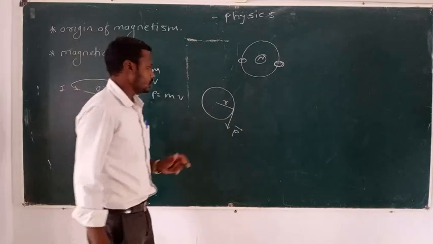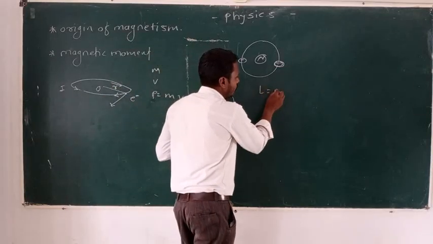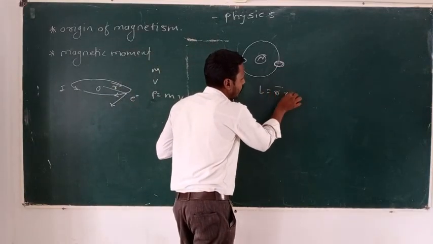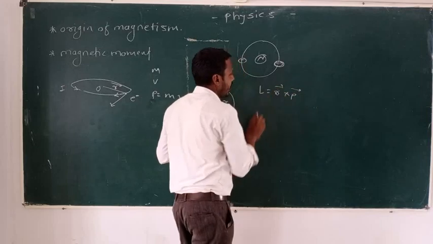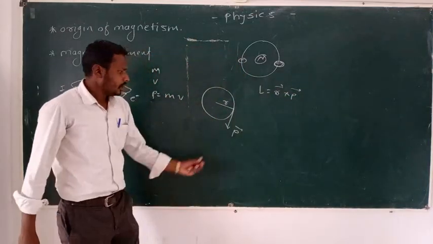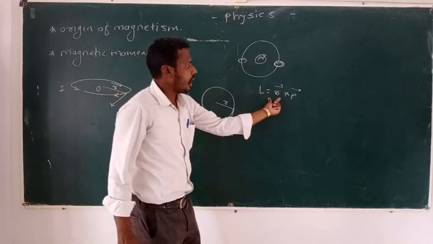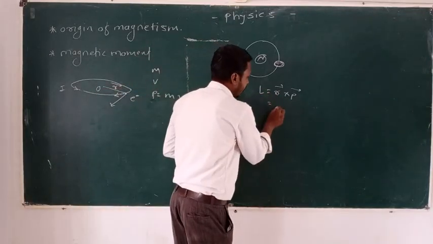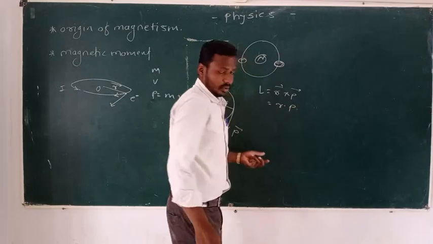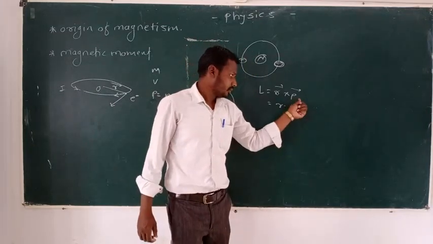Also we know that L is equal to r bar cross p bar. What is meant by L? L means angular momentum. This is linear momentum and this is the angular momentum. L is equal to r bar cross p bar. Then we can write r into p into, tell me, here is sin or cos.